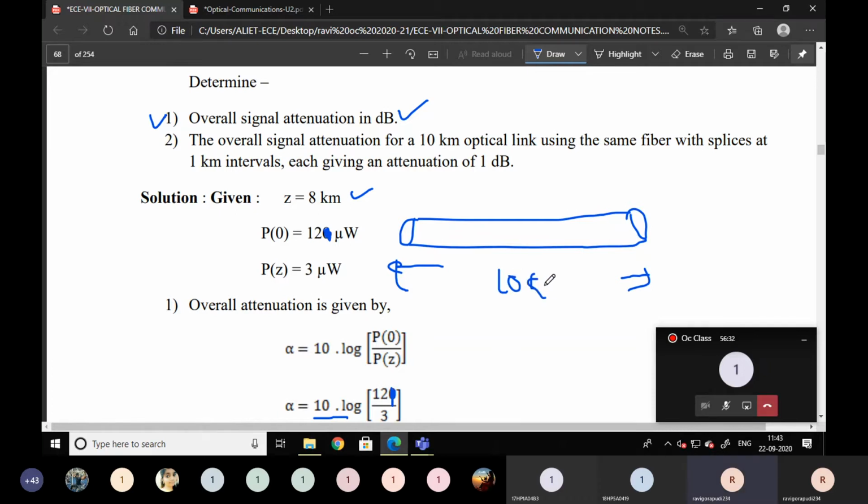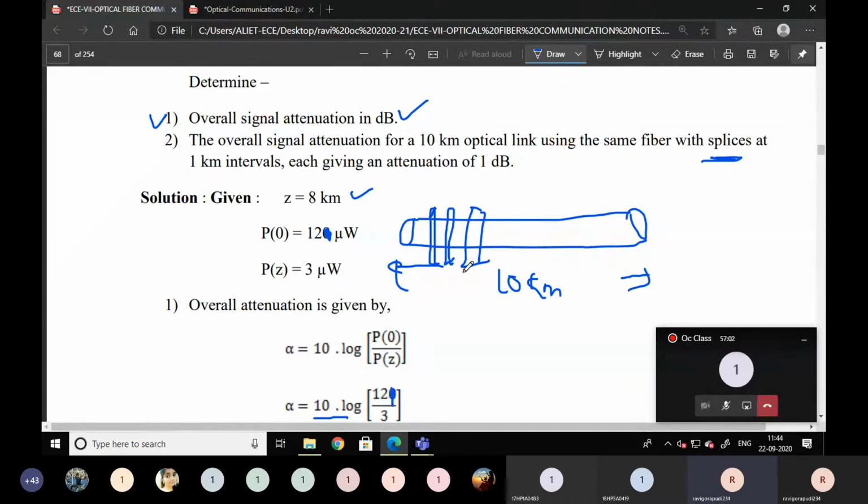Let us consider this distance as 10 kilometer. I am using splices or connectors. For 1 kilometer, one splice. This is a splice I am taking. One splice, and for the second kilometer, another splice. And third kilometer, another splice. Like this. How many splices are required for 10 kilometer?